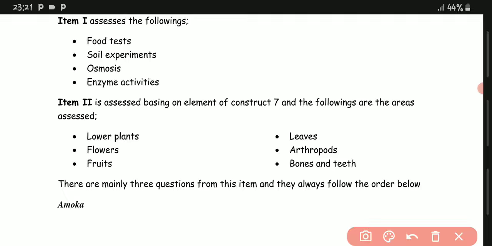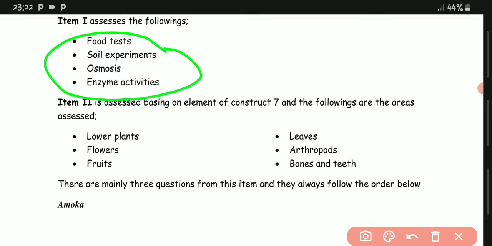For you to score here, you must write the aim of the experiment and add a reason. A reason plus the aim works; the reason works as an ingredient and earns you more marks. You write the aim of the experiment, and you add the reason why you are carrying out that experiment. Then, after writing the aim, you go to the hypothesis. I told you that a hypothesis is like a prediction.